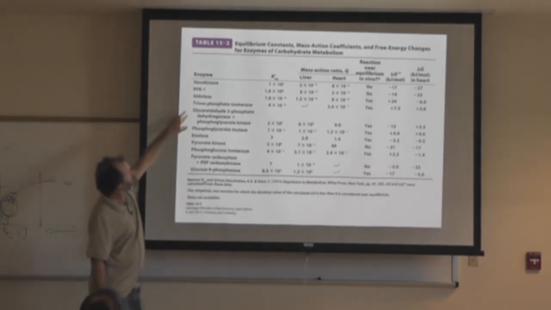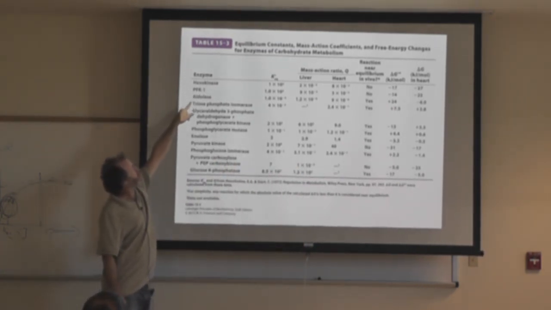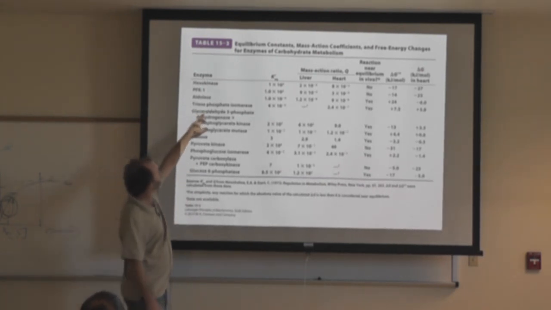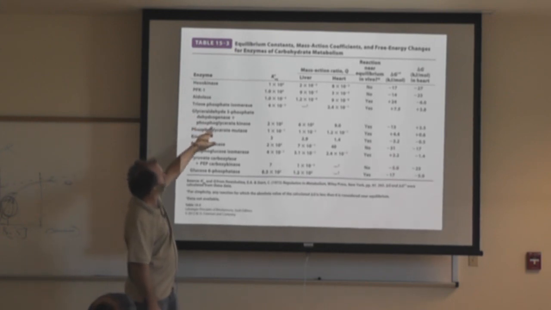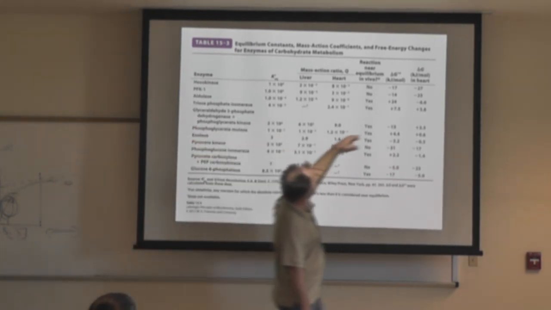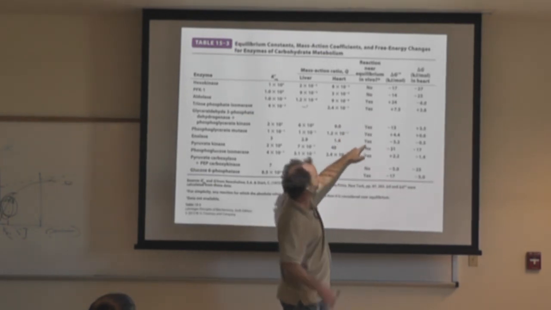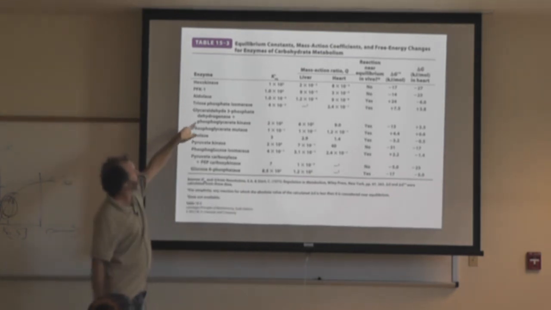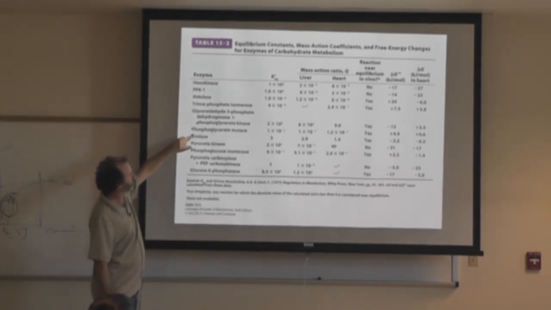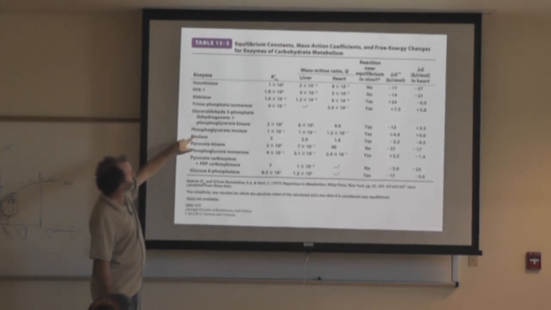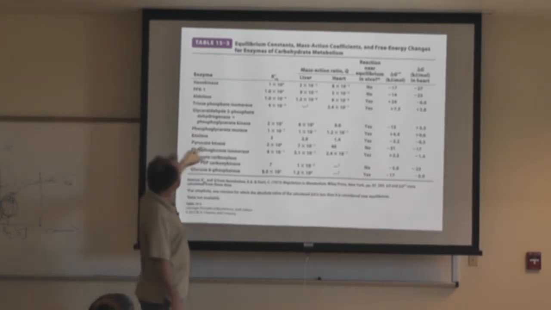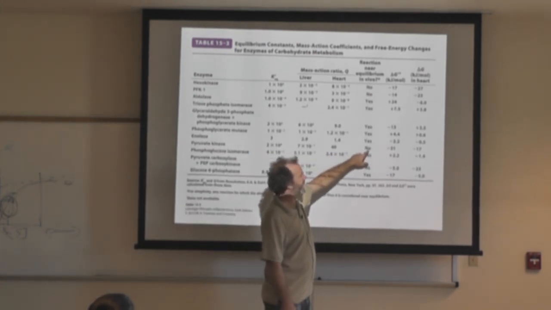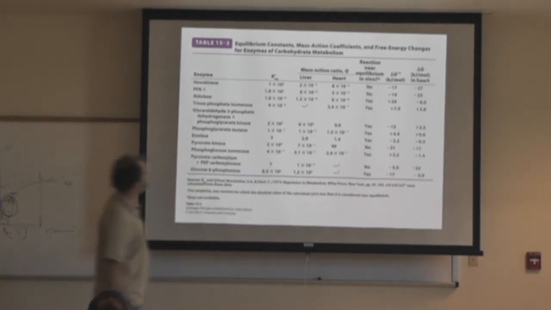And then the non-regulated ones, such as aldolase, that splits it into the 2, 3 carbon sugars, triose phosphate isomerase, glyceraldehyde 3-phosphate dehydrogenase, phosphoglycerate kinase, all of these are near equilibrium, so they flow both ways. Lower free energies, except for glyceraldehyde 3-phosphate dehydrogenase. Phosphoglycerate mutase, enolase, pyruvate kinase, if you remember, is heavily regulated and it's not near equilibrium. So that's all this is trying to show you.